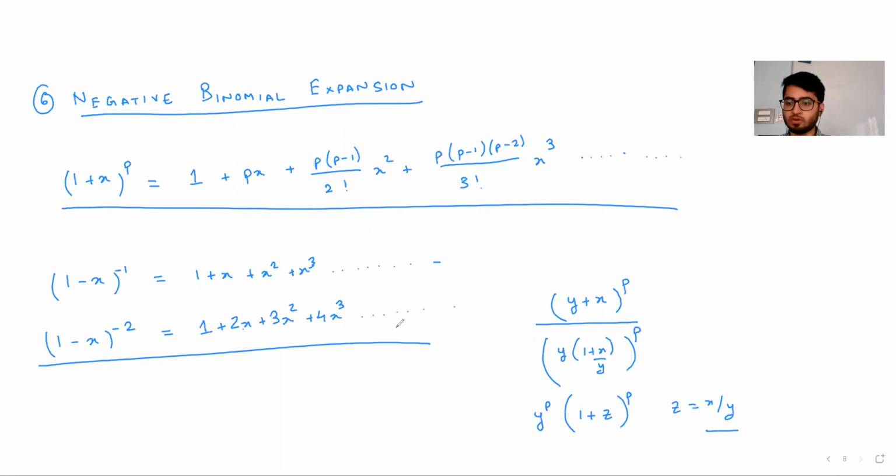This is a result which you could remember, and it directly comes by substituting x as minus x and p as minus 2. No, this is not a universal formula for AGP. This is a type of AGP. There could be various types of AGP. This is just a special type of AGP. There are various other ways in which they could be brought up and solved. This is just one of the various examples of an arithmetic geometric progression.